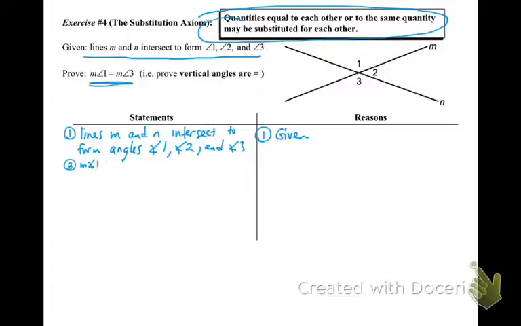The measure of angle 1 plus the measure of angle 2 is equal to 180 degrees. And we have to write a reason, and you can simply state the reason why that's true. All angles at a point on a line add to 180 degrees.